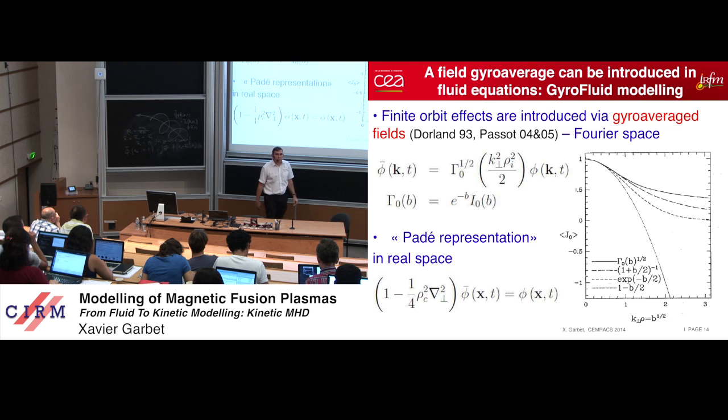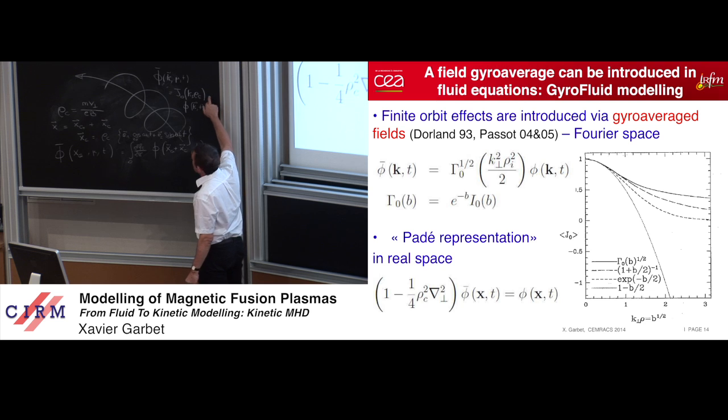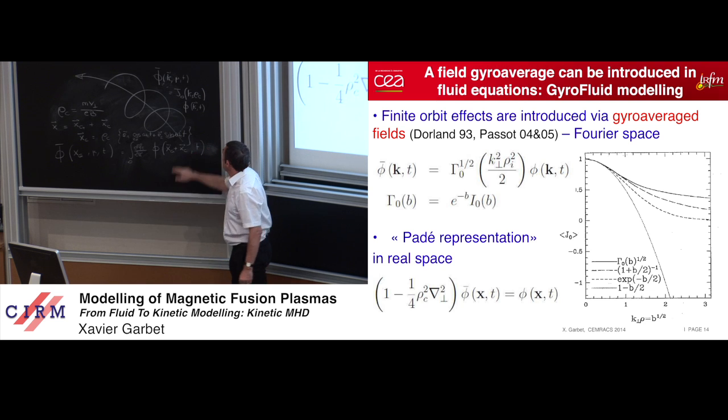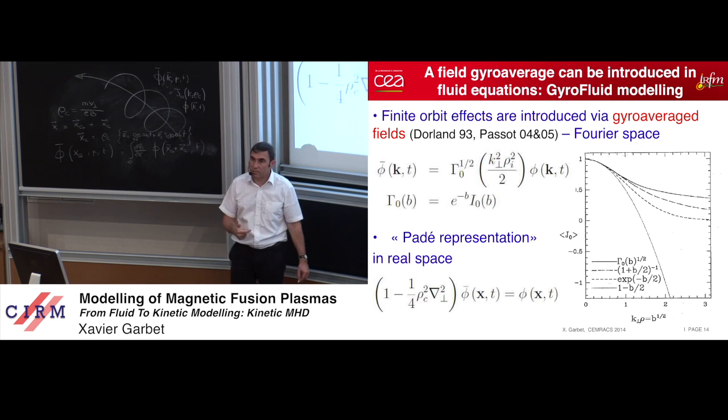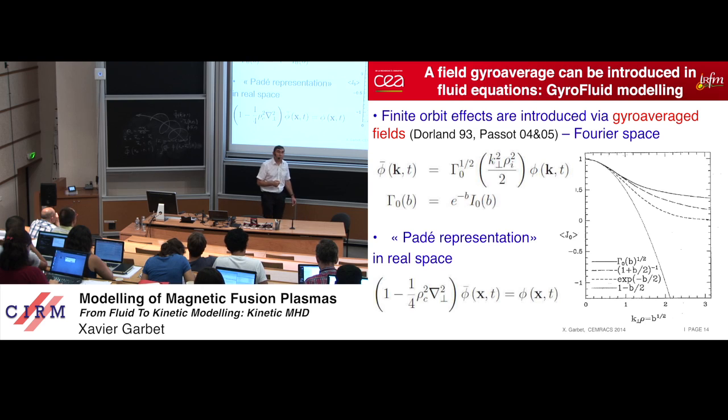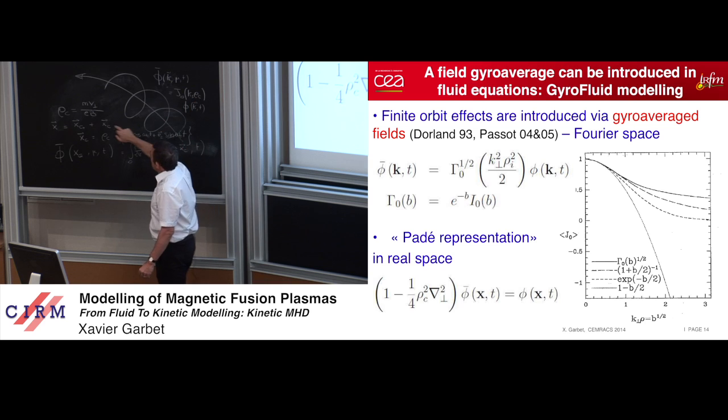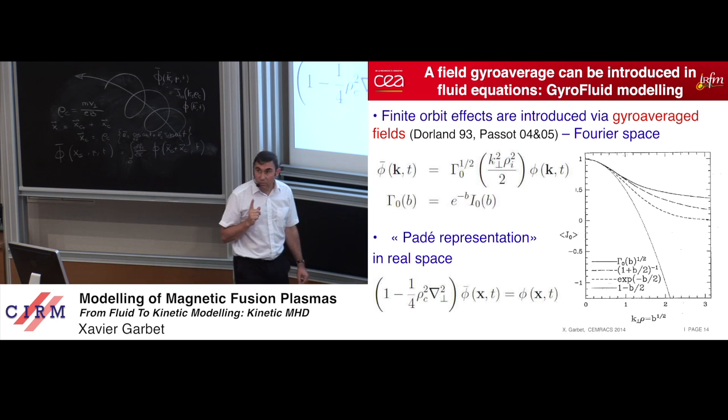This is just because the Fourier transform of an exponential of a cosine or sine is going to give you this Bessel function, right? And the argument of the Bessel function is k perp, the perpendicular wave number, times the Larmor radius. At this stage, here is the trouble. You see, rho c depends on the perpendicular velocity of the particle, not the flow.